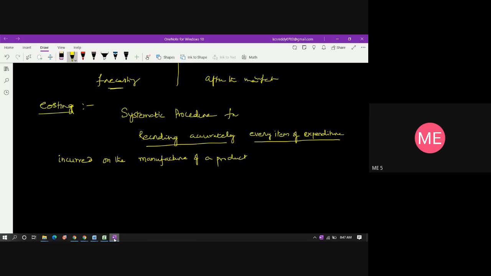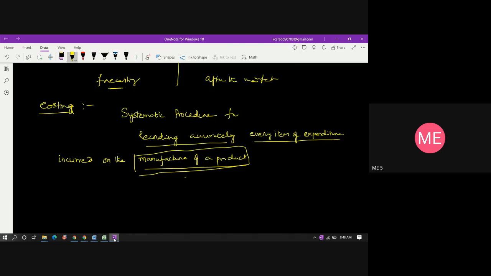While manufacturing a product, different departments will be involved, and each department's item of expenditure has to be recorded in a proper way.